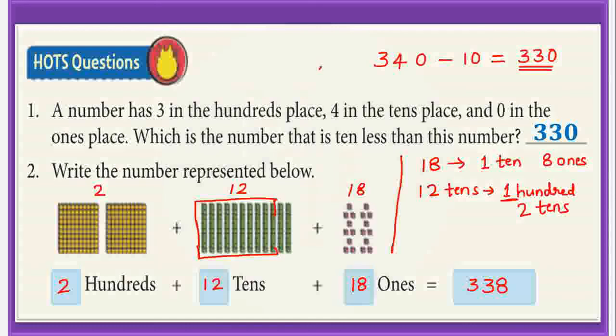So this will make 100, and that 100 can be sent to the hundreds place. So in total it becomes 300s. 200s plus 100 will become 300s here. So this number has 300, so I am writing 3 in the hundreds place here. And we are left with two tens here.